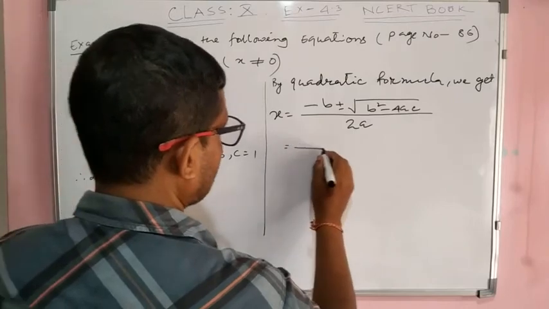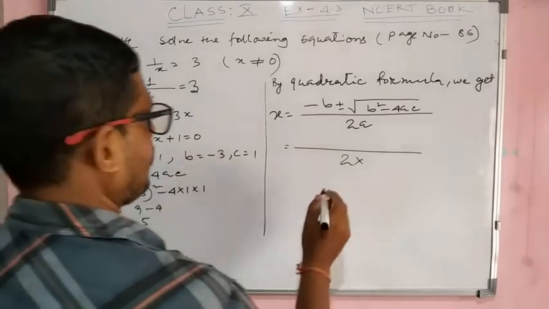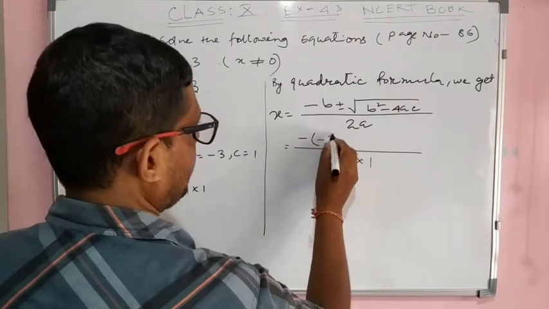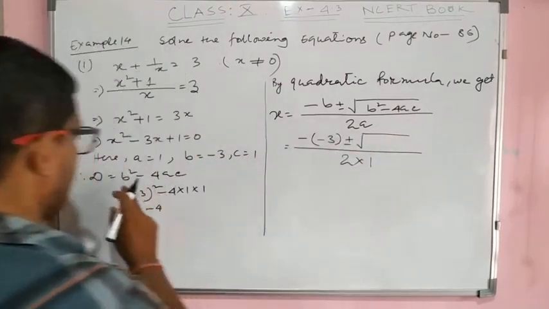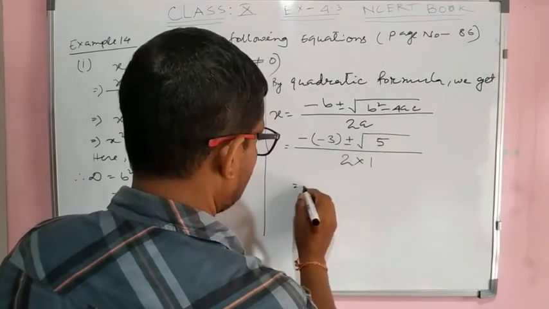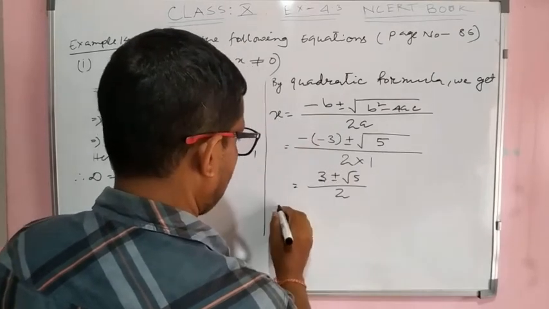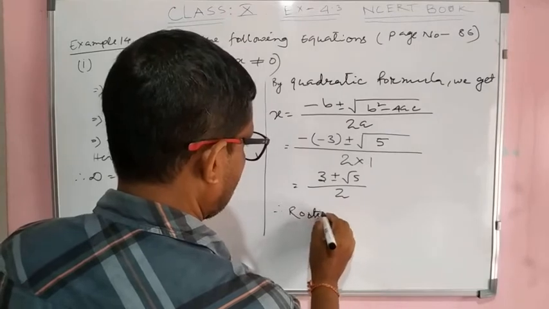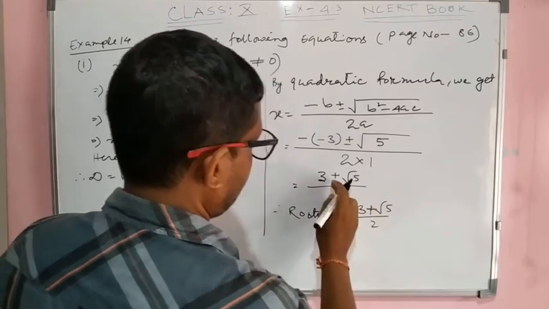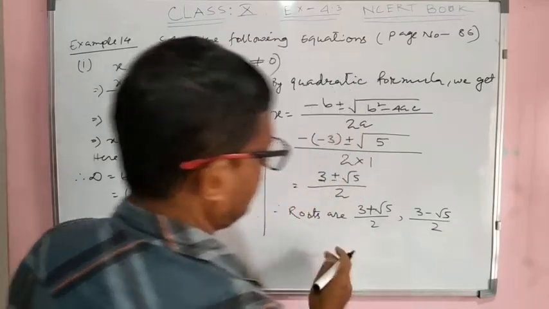So here it will be 2a, a means 1, b means minus 3, so minus of minus 3, plus minus root over b square minus 4ac, whose value is 5. So we get here 3 plus minus root 5 over 2. Therefore the roots are: writing this one time plus and this one time minus. So the roots are this and this.